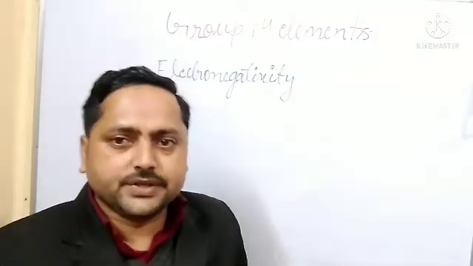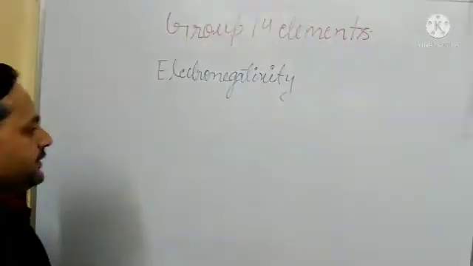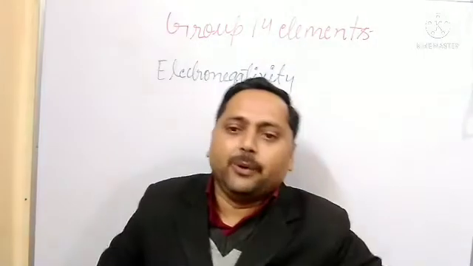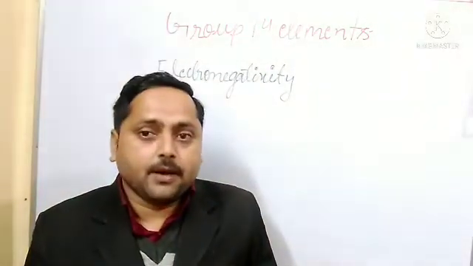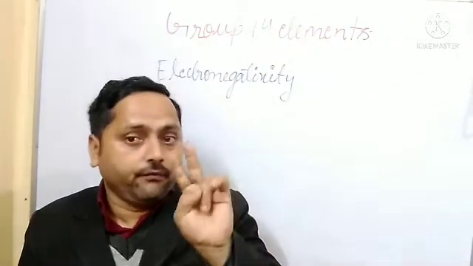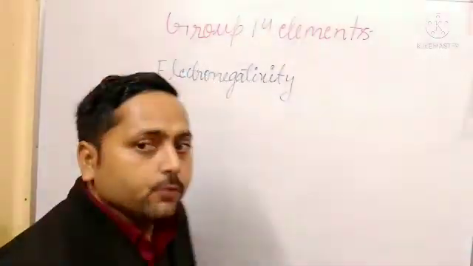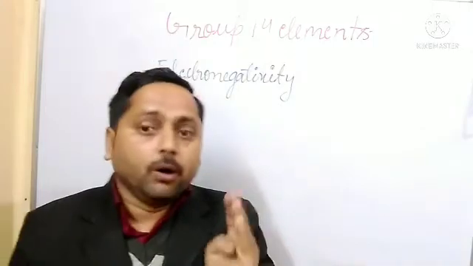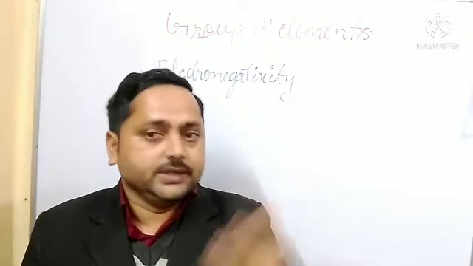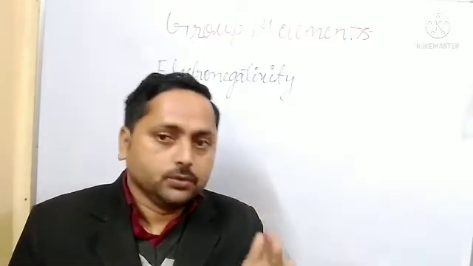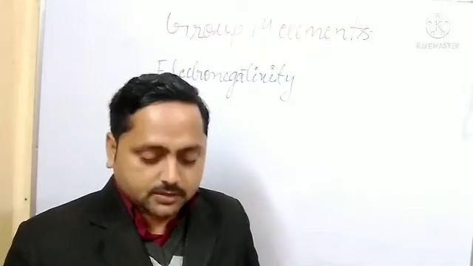Our next point is electronegativity. We will see how electronegativity changes in the p block group 14 elements. You might know the size of group 14 is smaller than group 13, so there may be variation in their electronegativity.